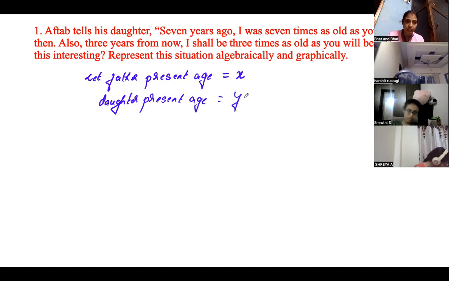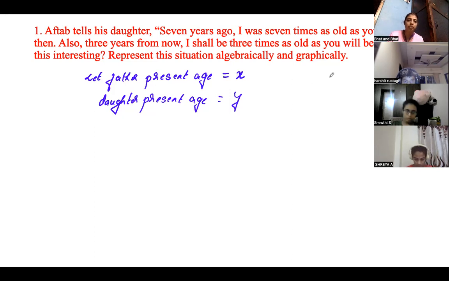Okay? At present, father is X years and daughter is Y years. Understood? At present. Now two conditions are given.